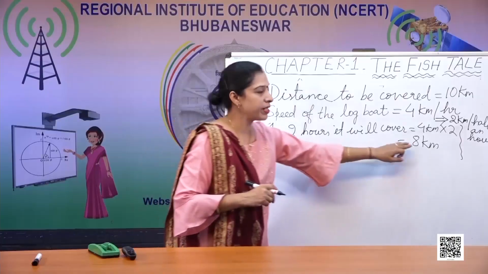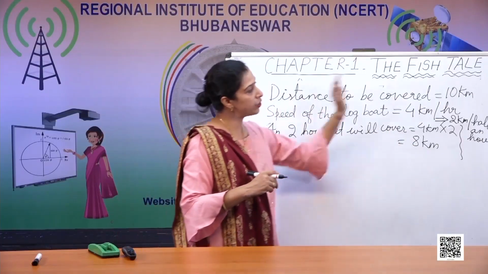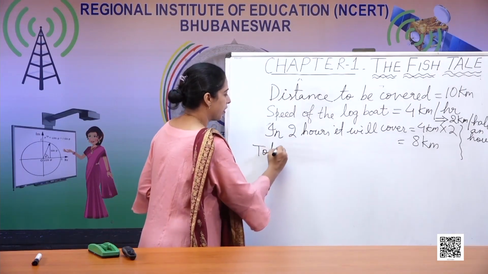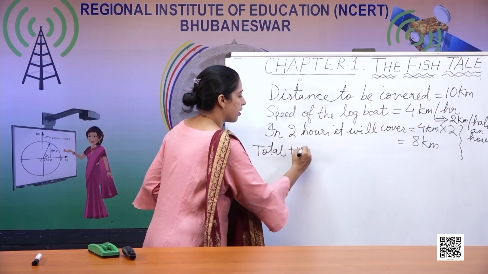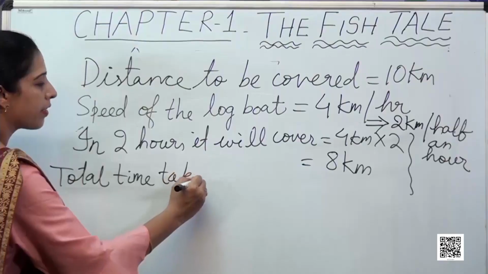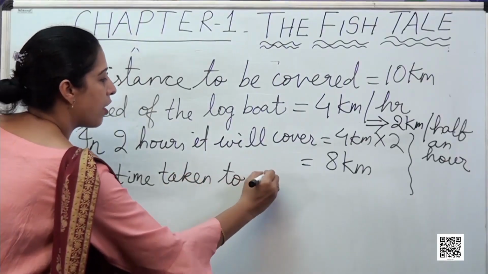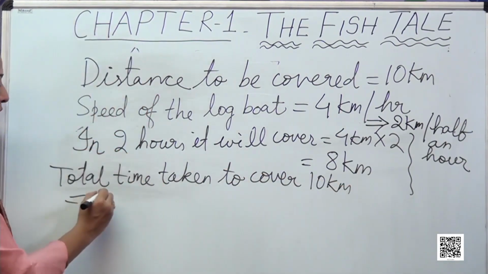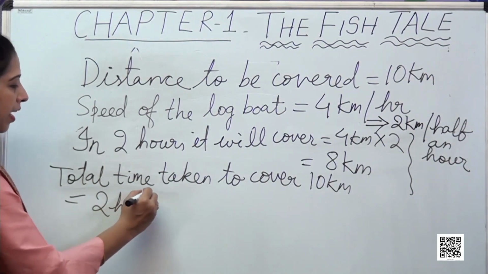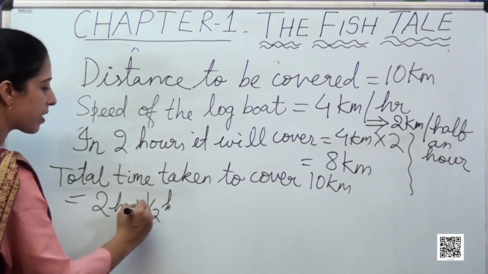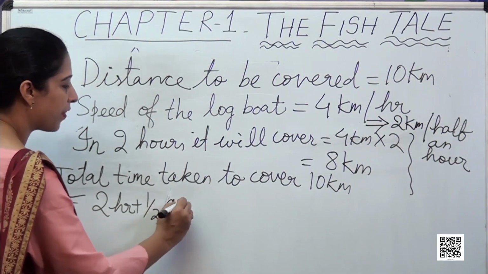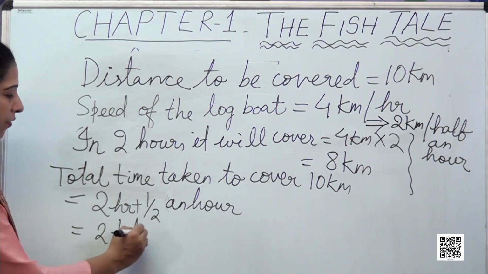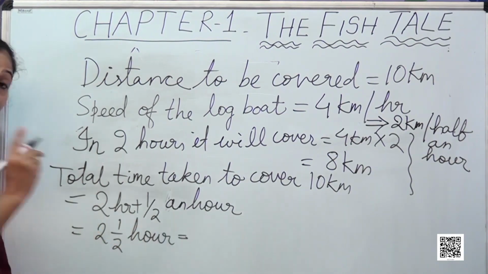So now 8 kilometers is covered in 2 hours and another 2 kilometers is covered in half an hour. So the total time taken to cover this 10 kilometers is equal to 2 hours plus half an hour, that is equal to 2.5 hours, or we can say 2.5 and a half hours.